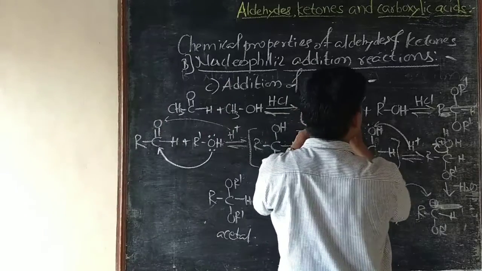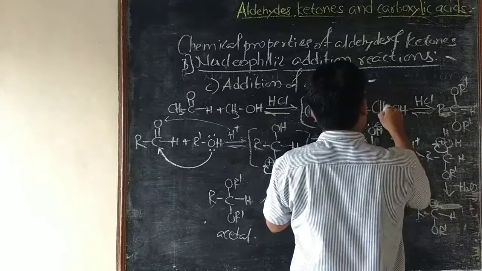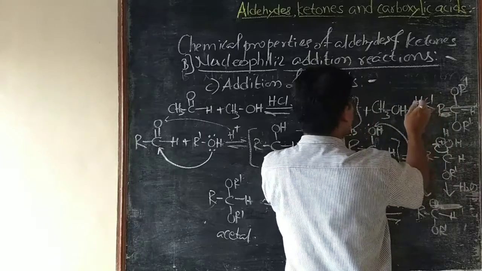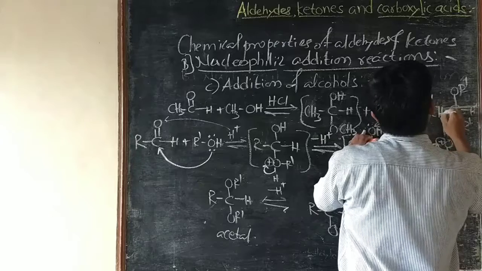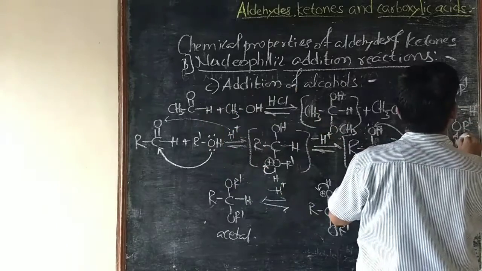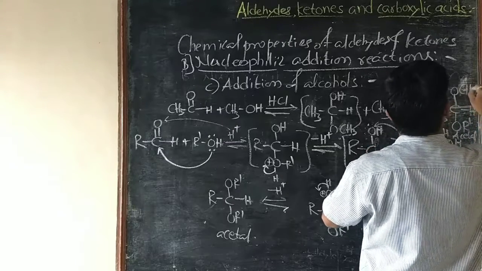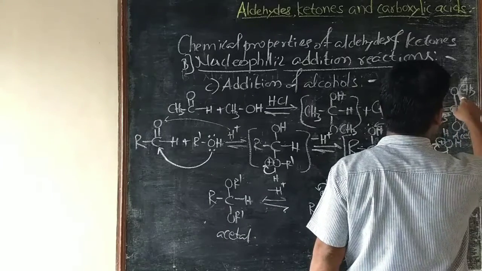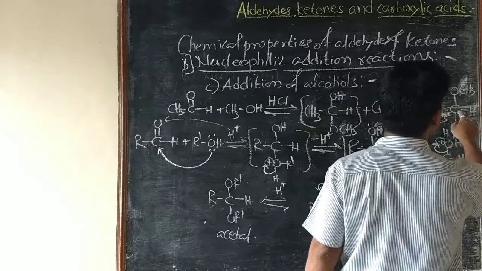This hemiacetal further reacts with one more molecule of methyl alcohol in presence of dry hydrogen chloride to form acetaldehyde's acetal. It has two methoxy groups on first position, that is it is 1,1-dimethoxyethane.